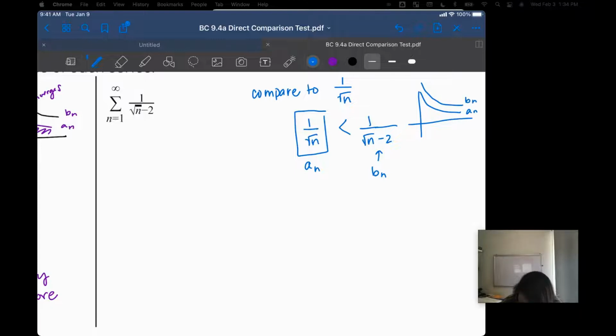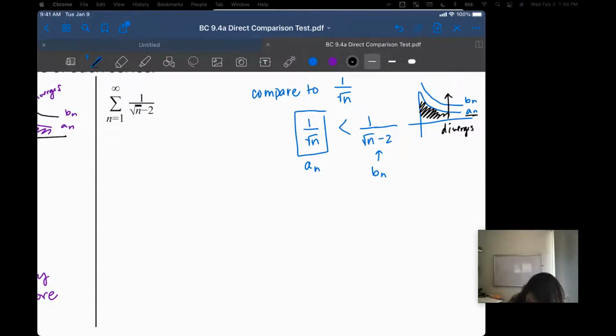What we know is that if the smaller function diverges, then the top one will also diverge. So anything above it will diverge. We can't say anything if a sub n converges. I don't know if b sub n converges or not, because it's larger than the series that I have now, okay?